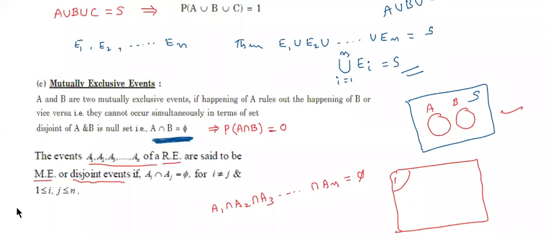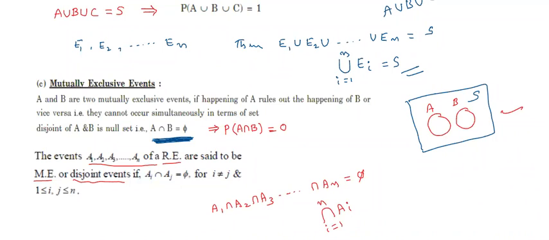This is A1, this is A2, this is A3, and suppose A4. Here observe that between the events there is no intersection part. Finally, A1 intersection A2 intersection A3, and so on, An is the null set. In short form, we can write intersection of Ai, where i is equal to 1 to n, is equal to the null set. So in this case, we will say that A1, A2, A3, and so on, An are mutually exclusive events.